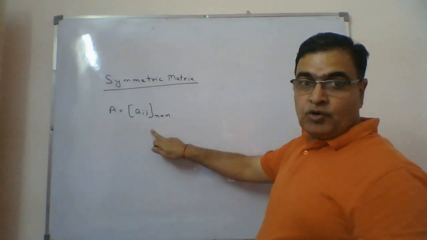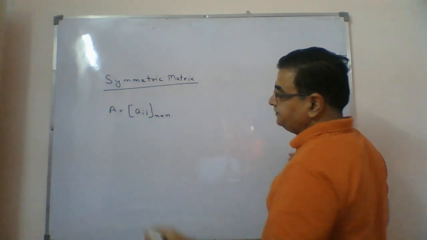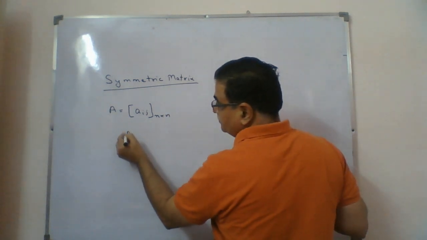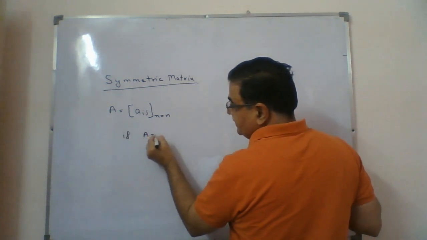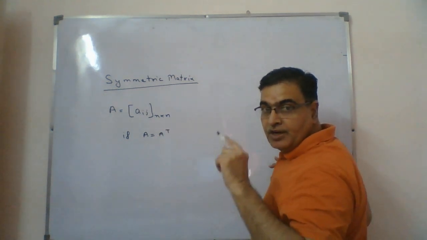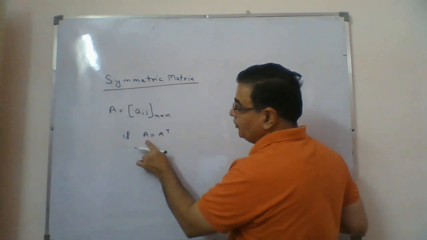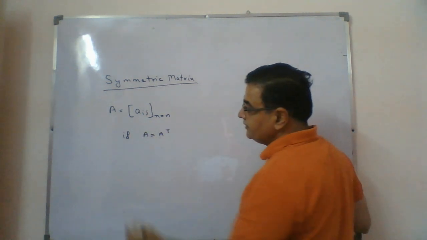This matrix is called a symmetric matrix if A is equal to A transpose. If the transpose of the matrix is equal to the matrix itself, then it will be called a symmetric matrix.